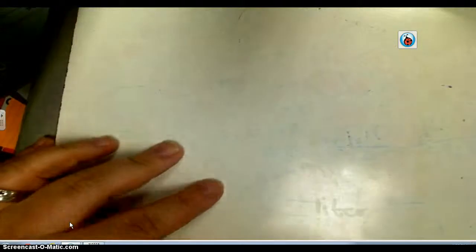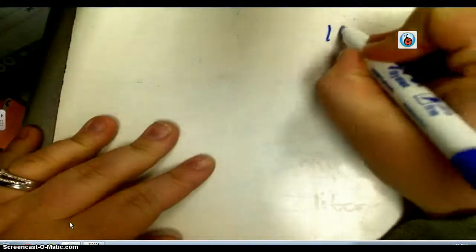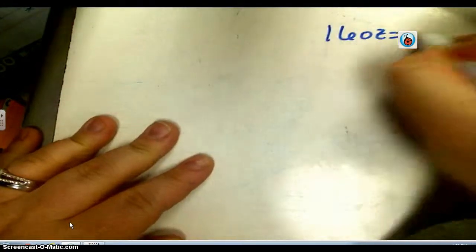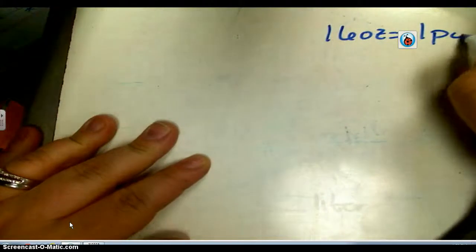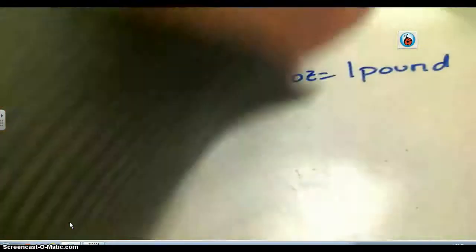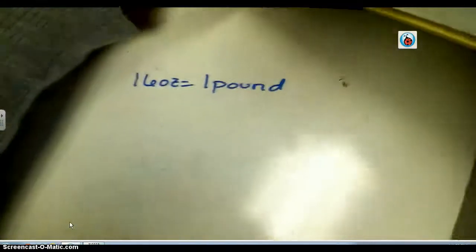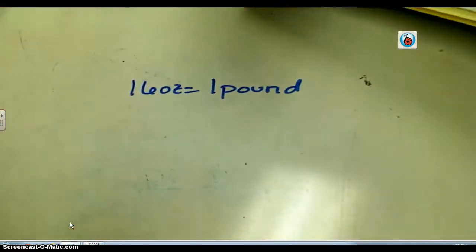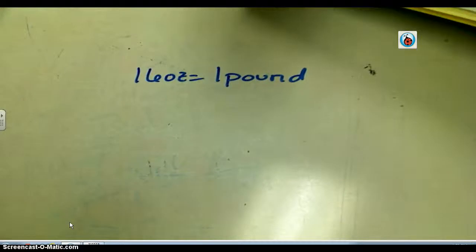We're going to get as far as we can get today, but I need to draw your attention to the top of page 352, the chart. It tells us that 16 ounces equals 1 pound. Now, is this customary or is this metric? Yeah, it's going to be customary.